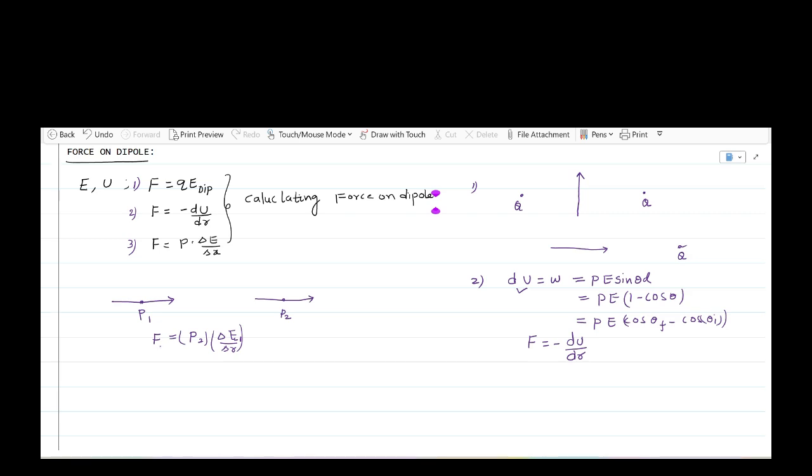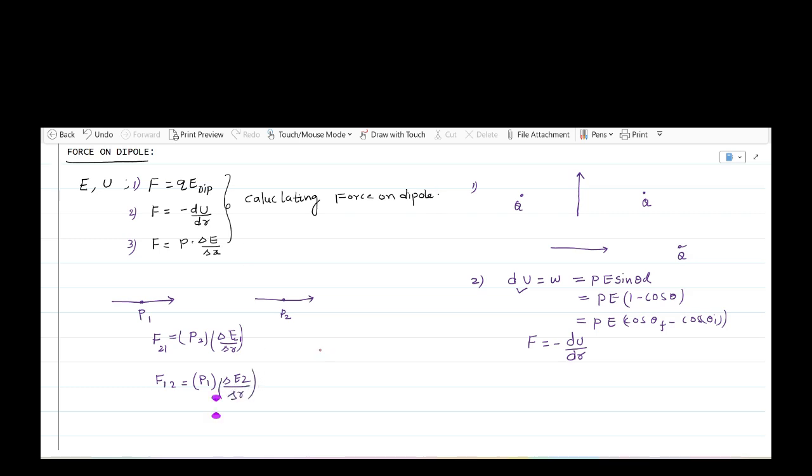This is the force on the second by the first dipole. Similarly, the force on the first dipole by the second, that means the first one in the field of P2, is equal to P1 into delta E2 by delta R.